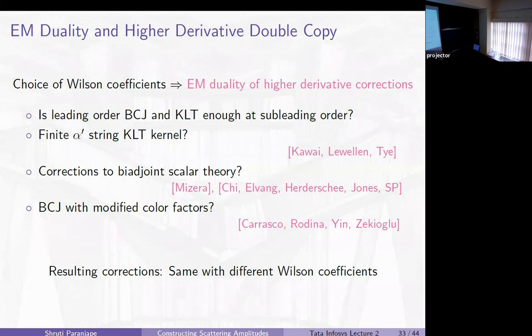It's a bit like fishing in the dark for a property. If you have a guess for a property, then you can check whether that's true, but I don't have a good guess. All the easy ones that you might think about, locality, soft behavior, supersymmetry, are just very automatic in the double copy, so that doesn't help you.